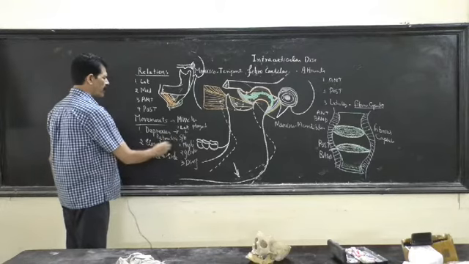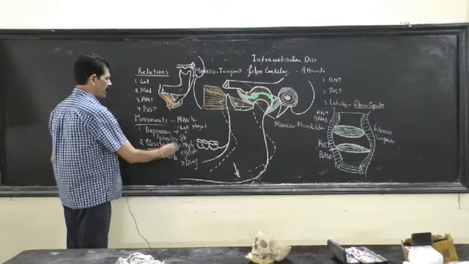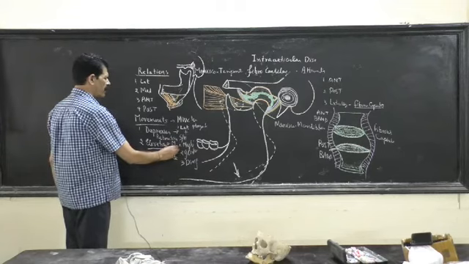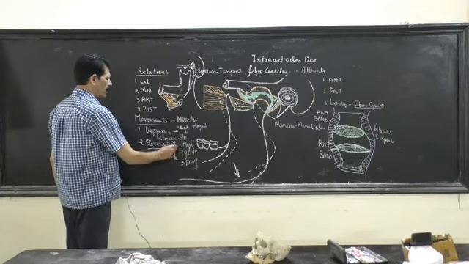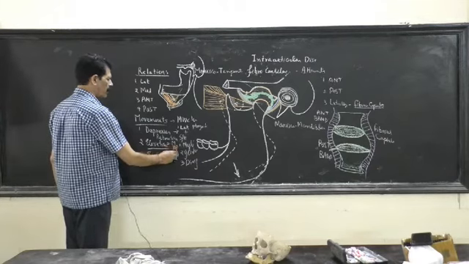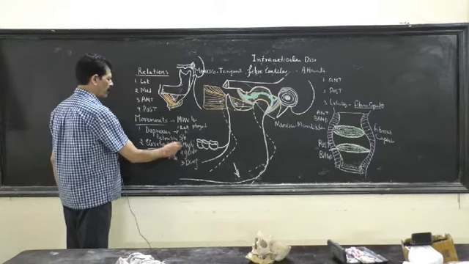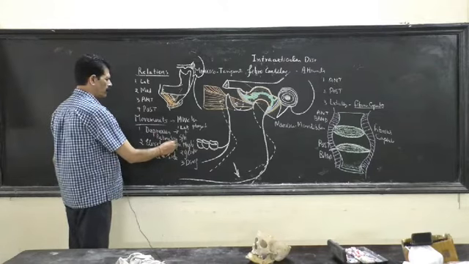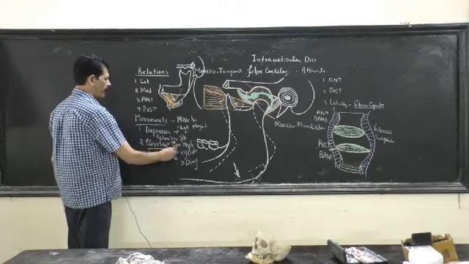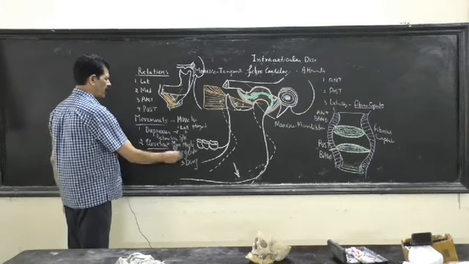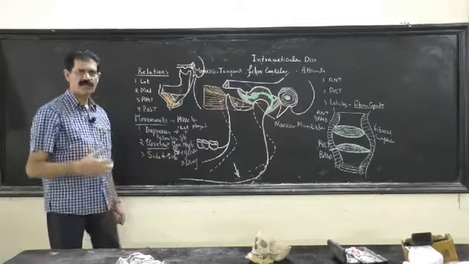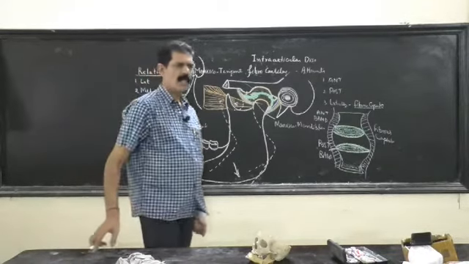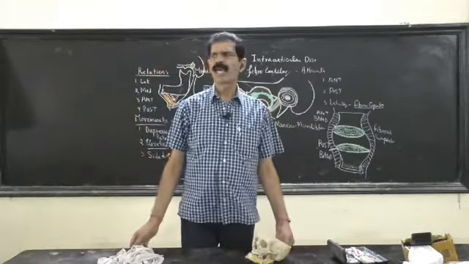Then elevation is produced by all the other muscles: the masseter, medial pterygoid, and the temporalis. So they produce the upward elevation by their contraction.